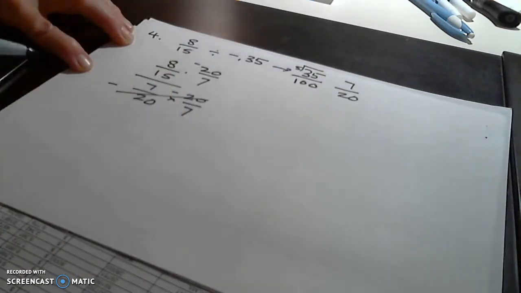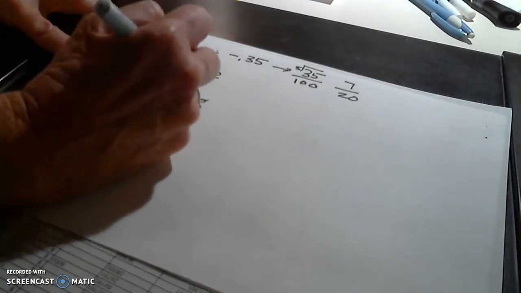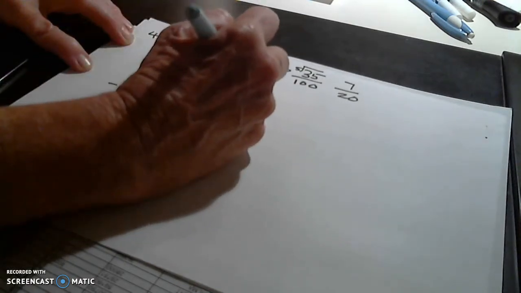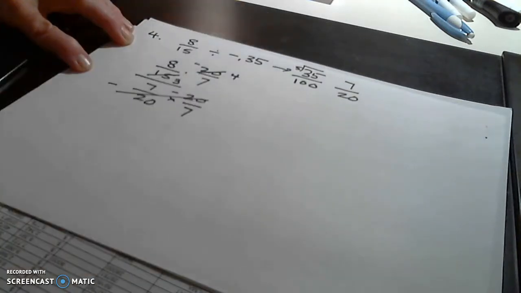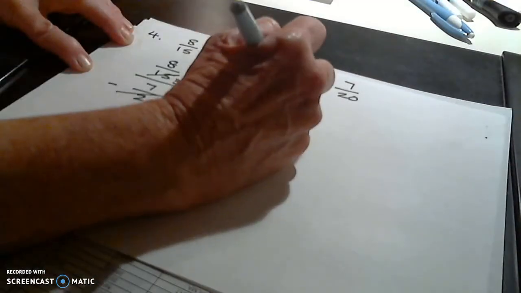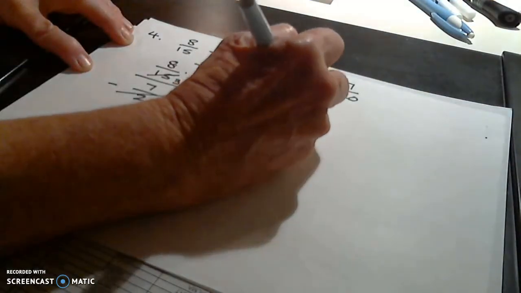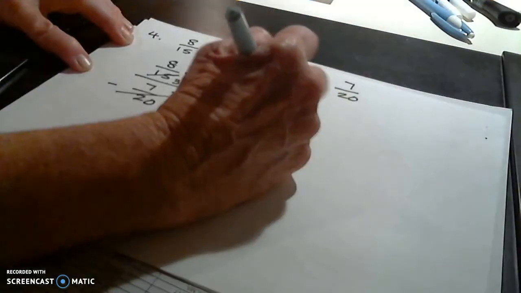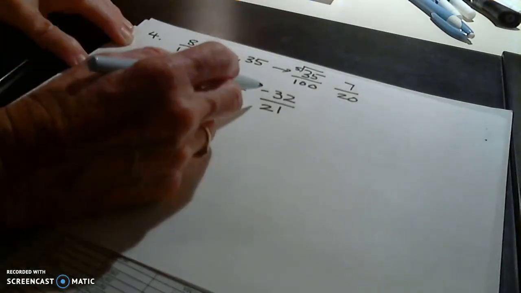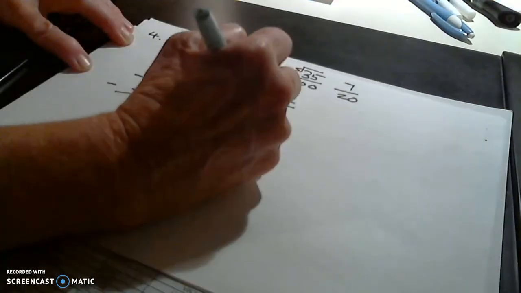To simplify my fraction, I'm going to divide this by 5 and get 3, this by 5 to get 4. And since you don't have calculators, I strongly suggest that you reduce before you multiply. 8 times negative 4 is negative 32. And 7 times 3 is 21. And I look and see if my answer choice is there, and sure enough, it is answer choice number B, letter B.